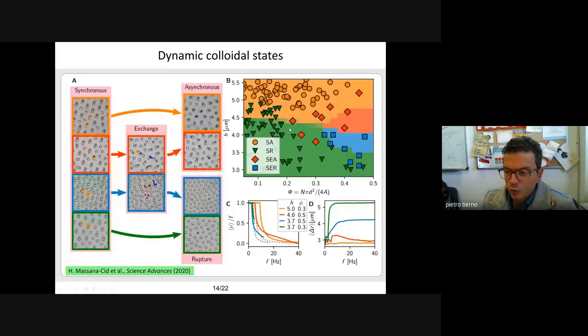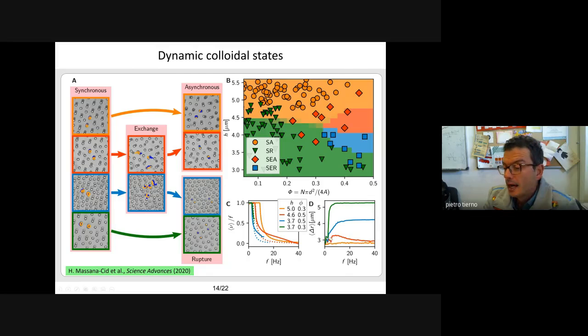Okay, to classify these different dynamic states, with experiment you can just do it by eye. With simulation, we monitor two parameters: the average angular frequency of the dimers, and the average distance between dimers.